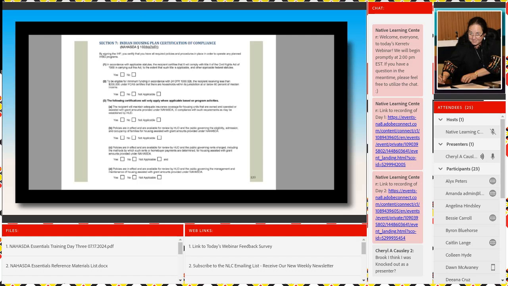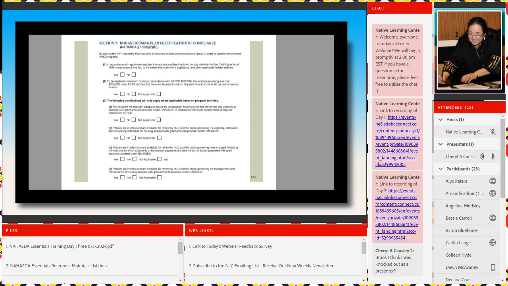So those of you that have never looked at one, this is what the first page looks like. And by signing the IHP, you're certifying you have all the required policies and procedures in place. So somebody needs to read that and then look for all your policies and procedures and make sure they're in place. Okay? Because that's one of the first things you're going to get in trouble for.